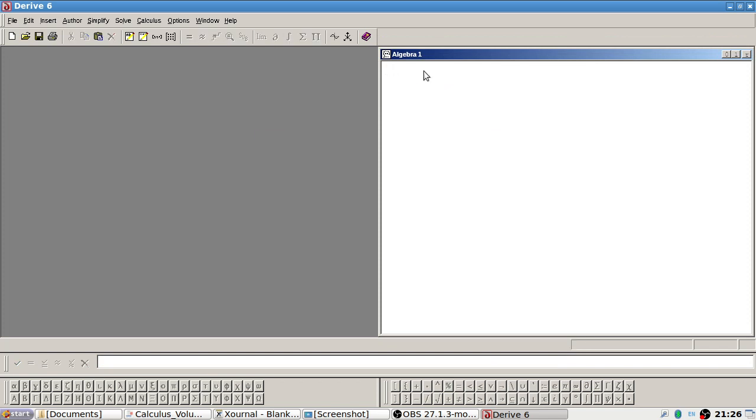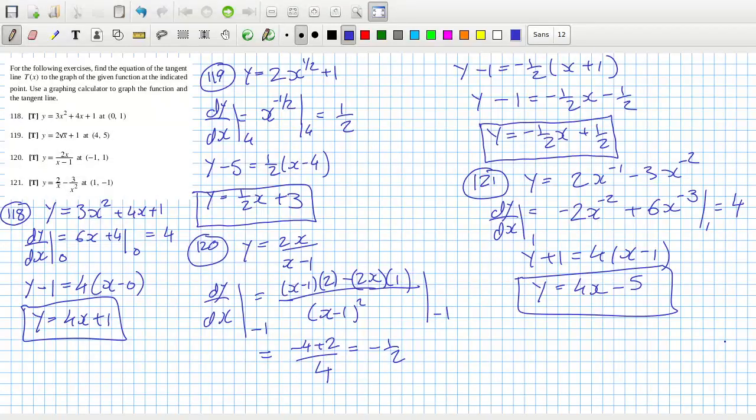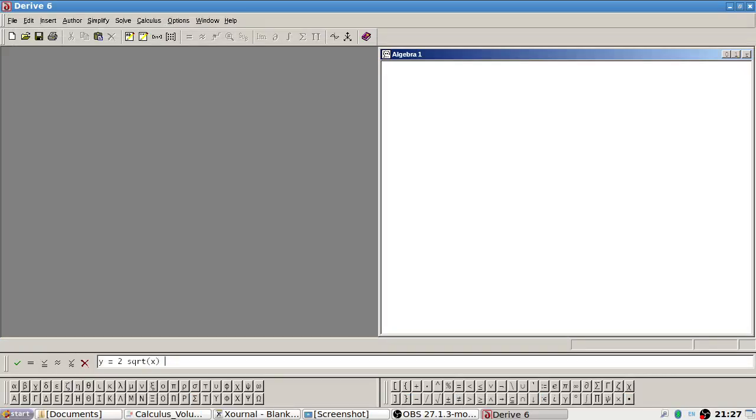Okay, next one. y equals 2 square root x plus 1.